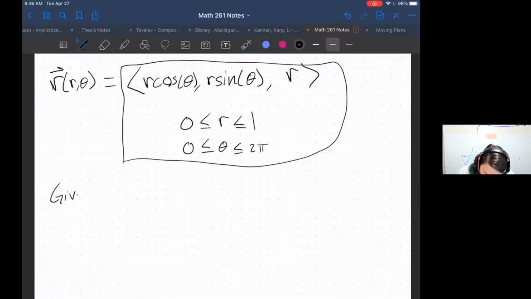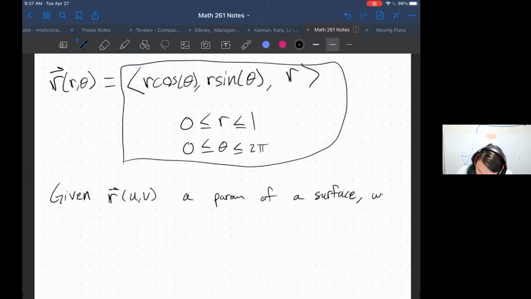So we're going to get into a bit of theory. So given a parameterization, r of uv, parameterization of a surface, we have two derivatives for r. So now we have partial derivatives, del r del u, or another way to write that is r vector sub u.